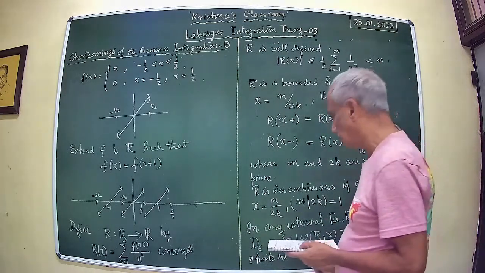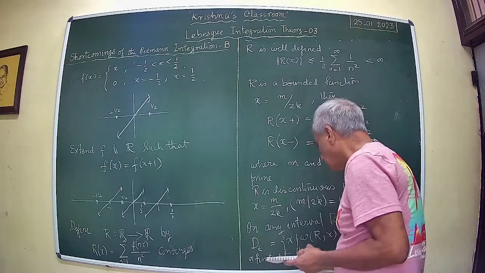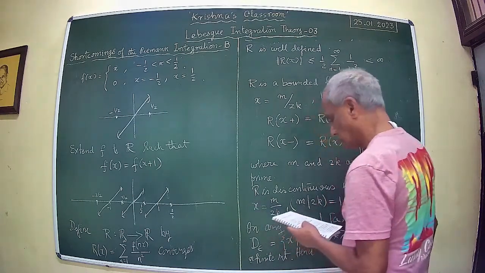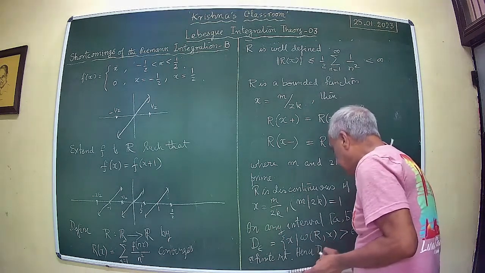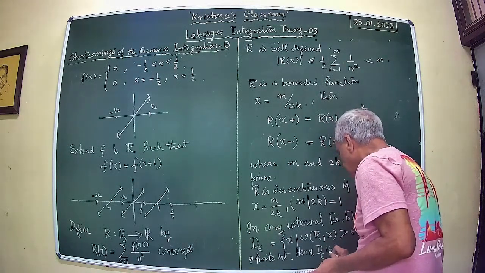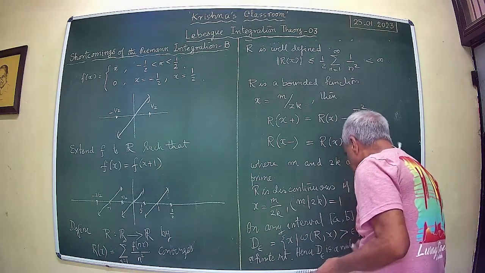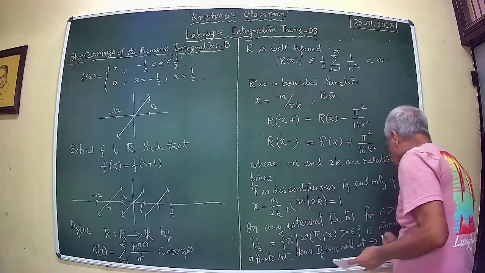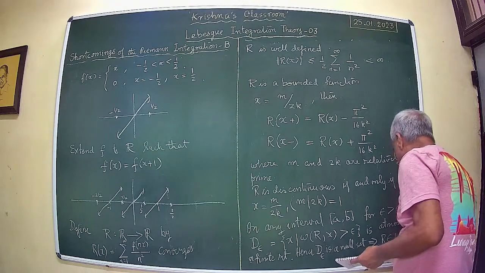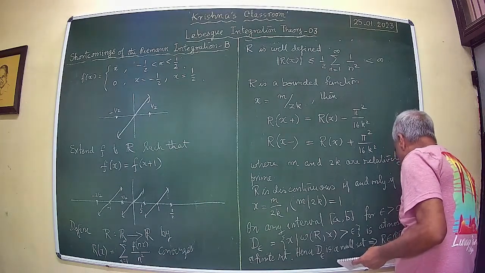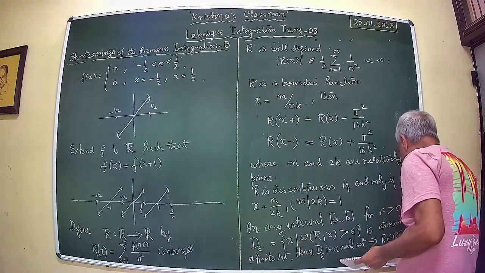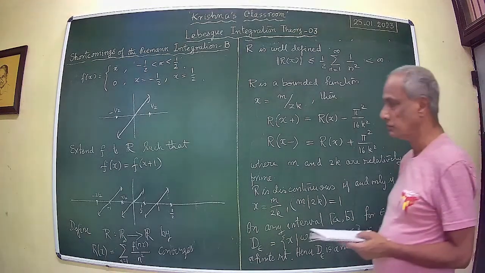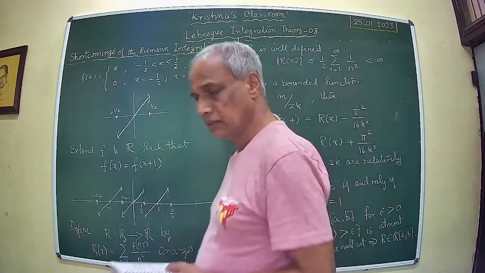Therefore, D epsilon is a null set, which implies R is Riemann integrable over the interval. Okay.